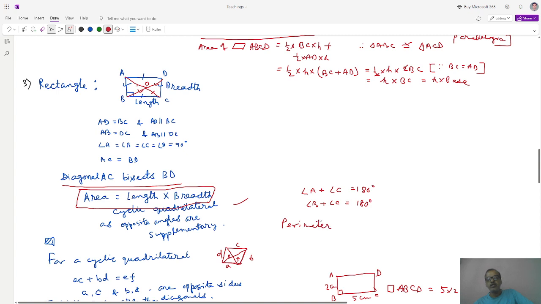Perimeter of rectangle ABCD equals AB plus BC plus CD plus DA equals 2 into length plus breadth.